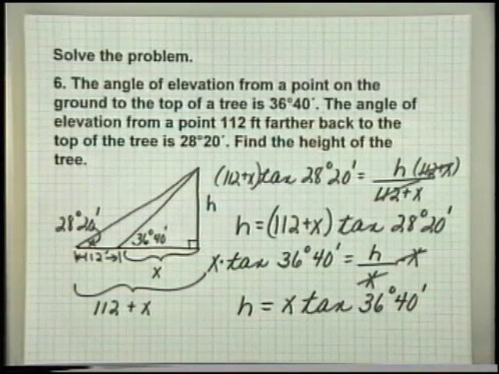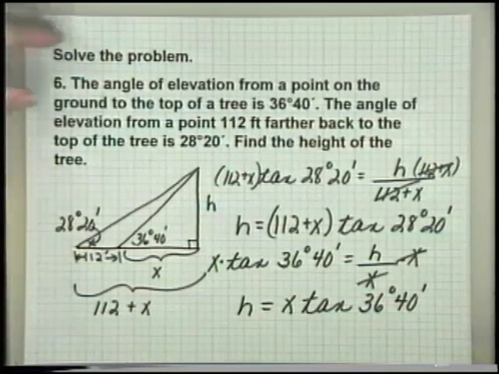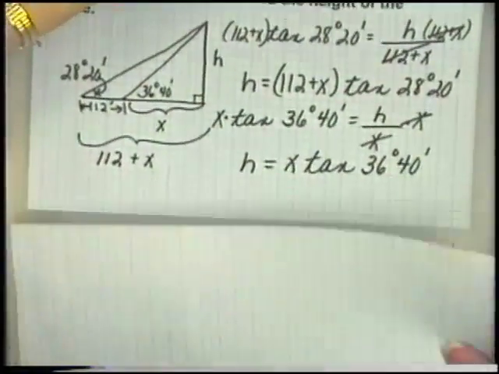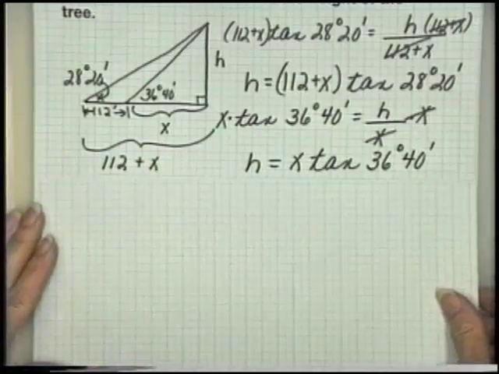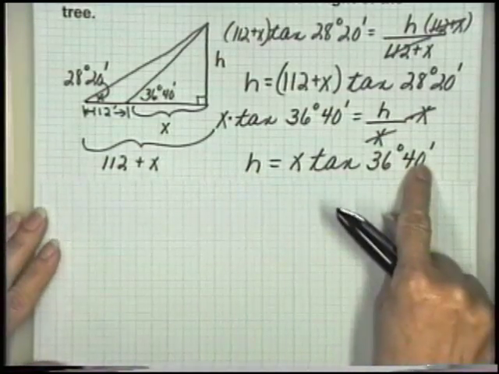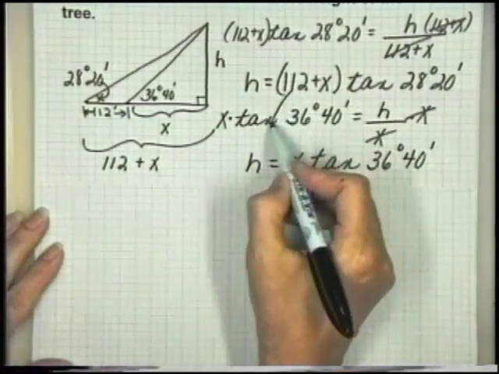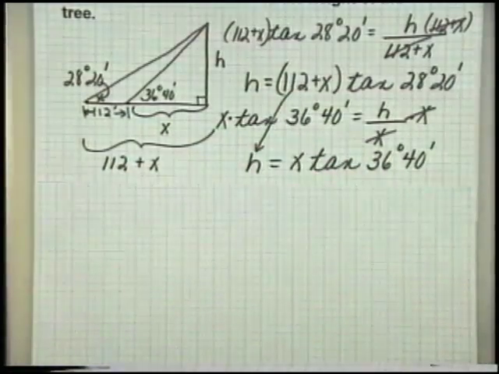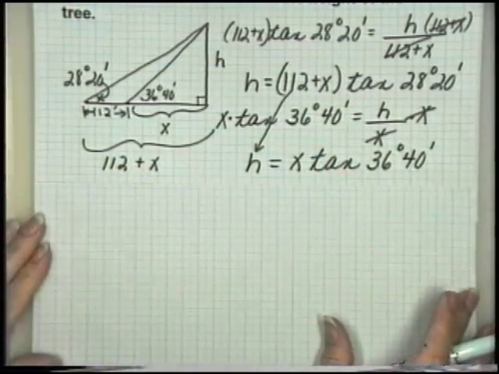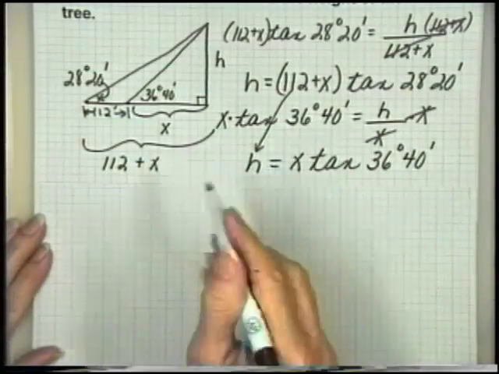Now, for our next step, since we have two equations in two variables, we'll use the substitution method. And for this equation right here, we'll take what this h is equal to, and we will substitute it in for that h.